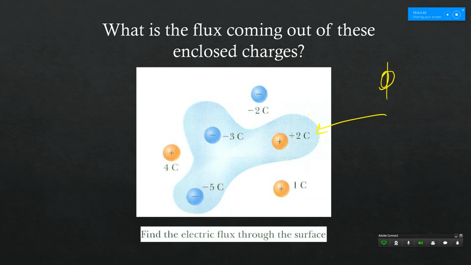What's inside my Gaussian surface? Exactly. All right. So I add up all my charges. In this case, it's minus 3 minus 5 plus 2, which is minus 6, over epsilon naught. There's my flux. Minus 6 coulombs, yeah. And so I have a number now that represents flux. Simple enough?